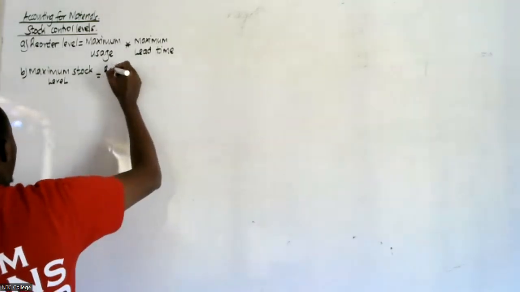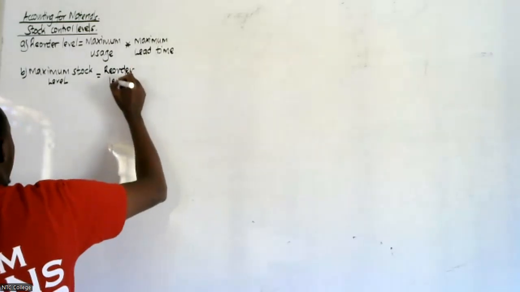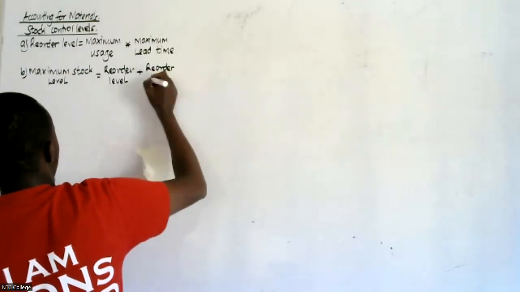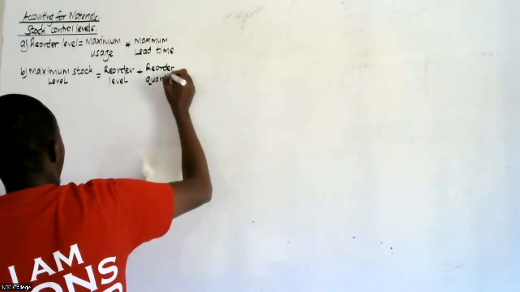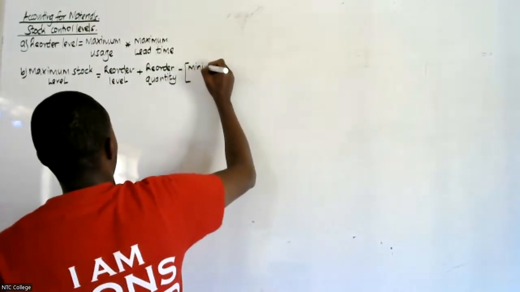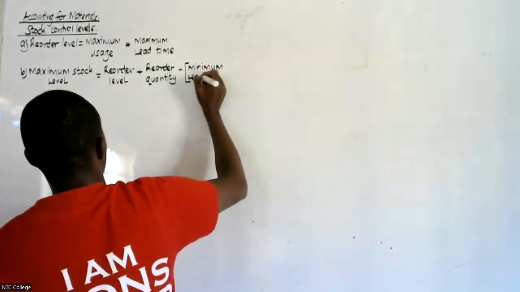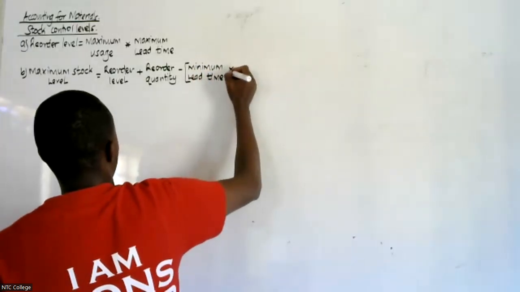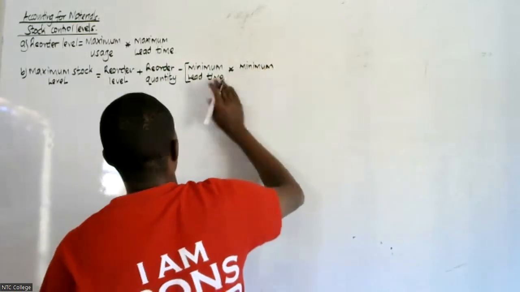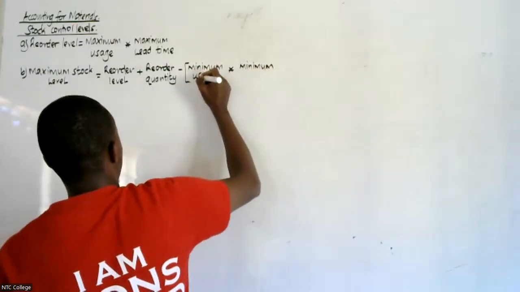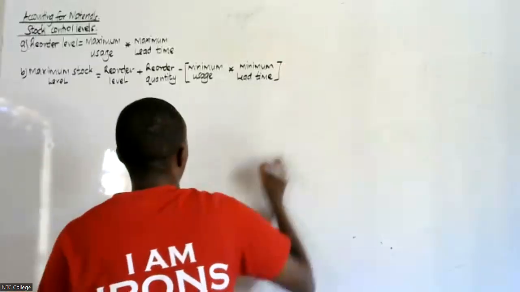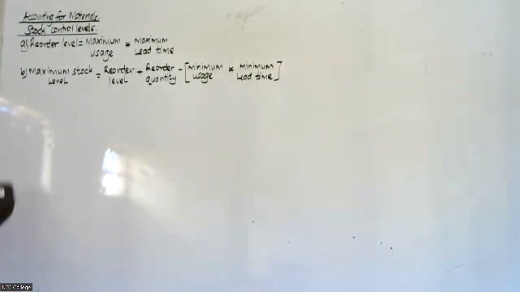So it is given by the reorder level plus the reorder quantity, minus minimum usage by minimum lead time.